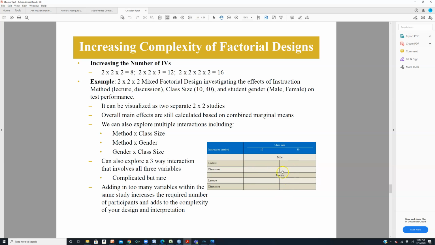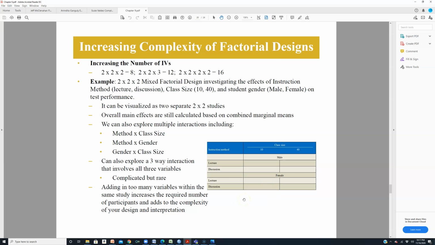So I can break up gender, and then this is looking at the small class size, large class size, lecture versus discussion. Okay. And I still am going to have main effects for lecture, main effects for discussion. It'll be the combined lecture, combined discussion, combined small, combined large, combined male, combined female, and that'll be my main effects.